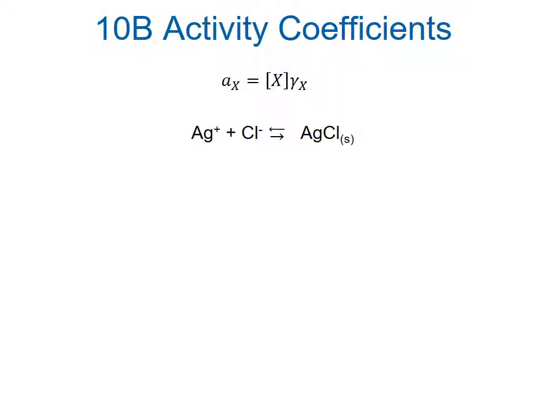So now we have the idea of ionic strength that tells us what factors are leading to an alteration in solubility products, but we need a practical way of implementing this. And so we introduced the concept of activity coefficients to give us activities of a compound or an ion rather than just the concentrations themselves.